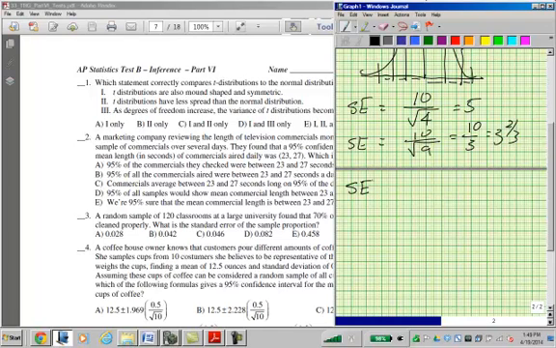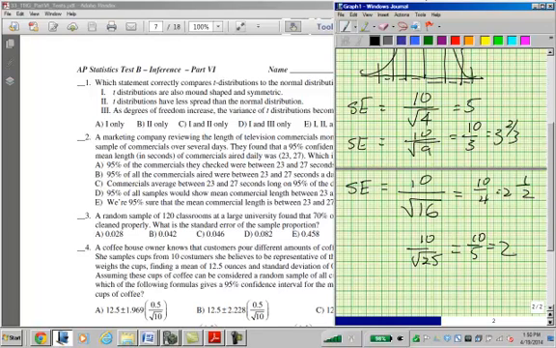Let's suppose the standard deviation of the sample remains 10, but now the sample size is 16. So now it's going to be 10 over 4, which is 2.5, and so on. If the sample size is 25, then it's 10 over 5, which is 2.